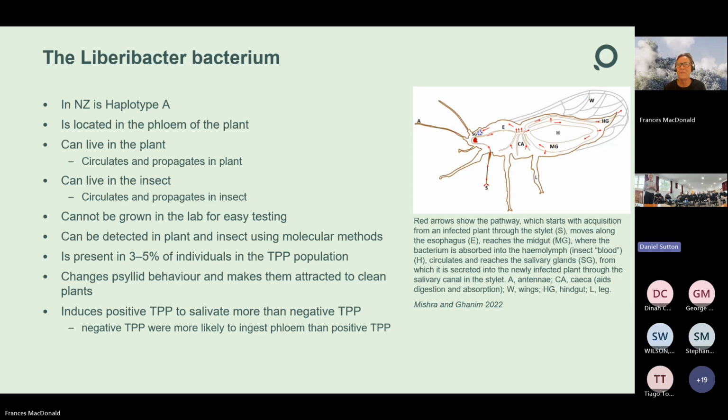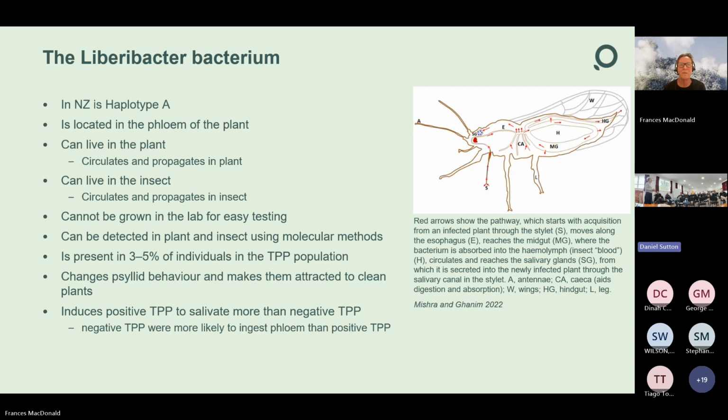The interesting part is, and this is quite similar to what we see with aphids as well, that when you take a population and you take like 100 psyllids from the field, you find about 3 to 5% of them positive for Liberibacter. That's the same as what we see with aphids and viruses. So it's actually a really low percentage of the population that is positive.